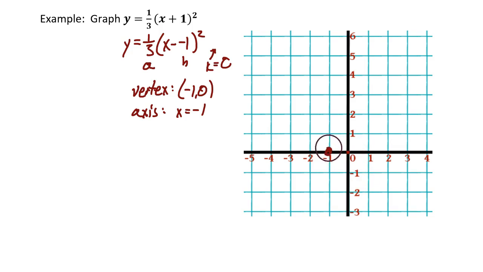(-1, 0) is located here, and we draw a vertical line through it to be the axis of symmetry. Because a is positive, that vertex is a minimum point, meaning the parabola opens upwards. It has this shape.